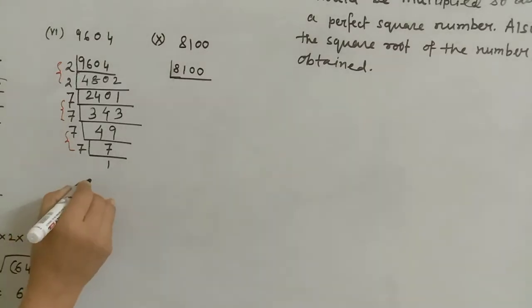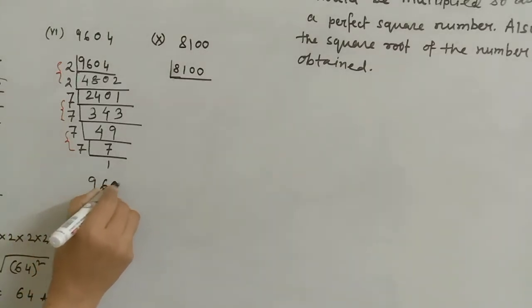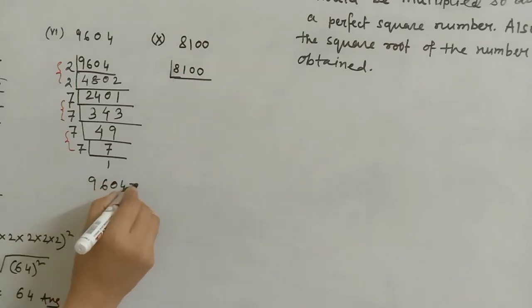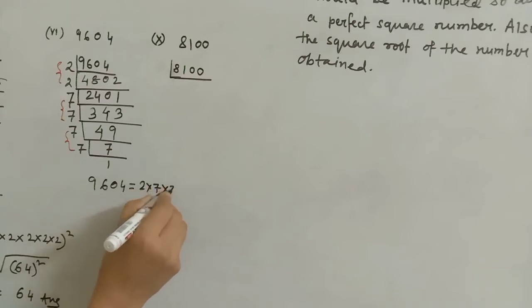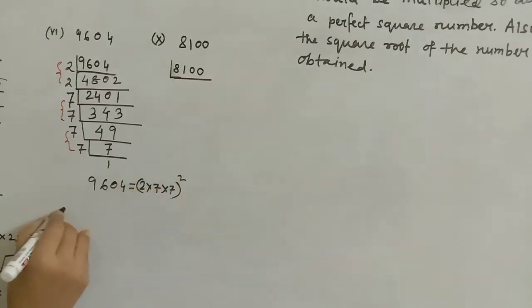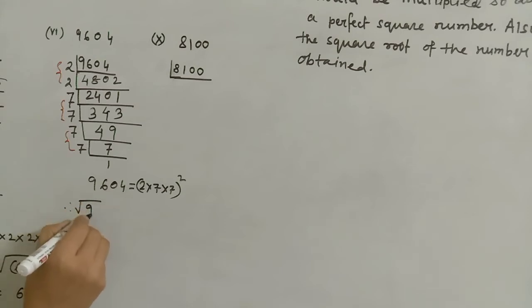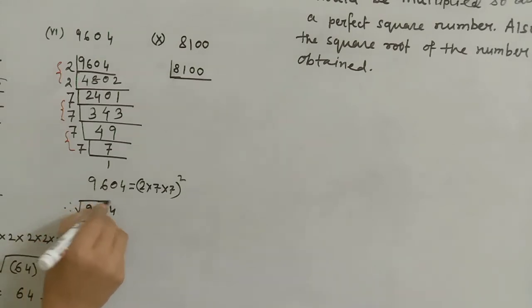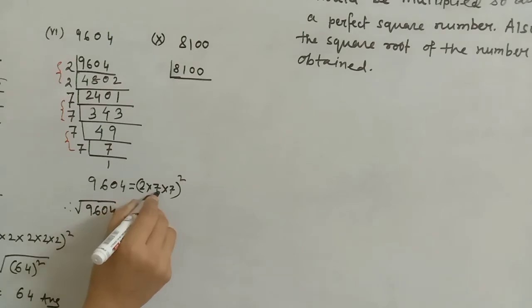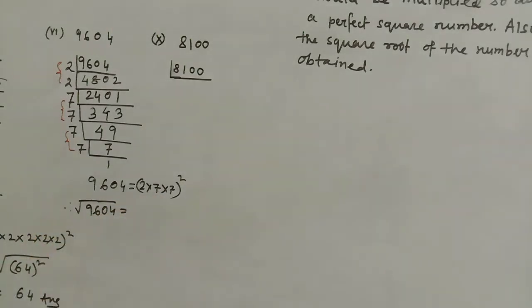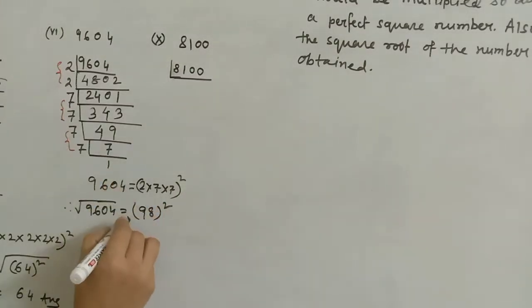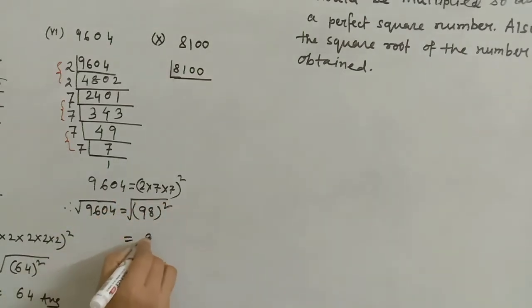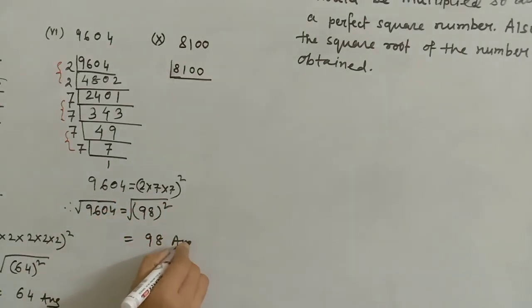So you can write 9604 equal to 2 square into 7 square. Therefore the square root of 9604 equals 2 into 7 into 7, 7 7s are 49, 49 2s are 98. Therefore 98 is the answer.